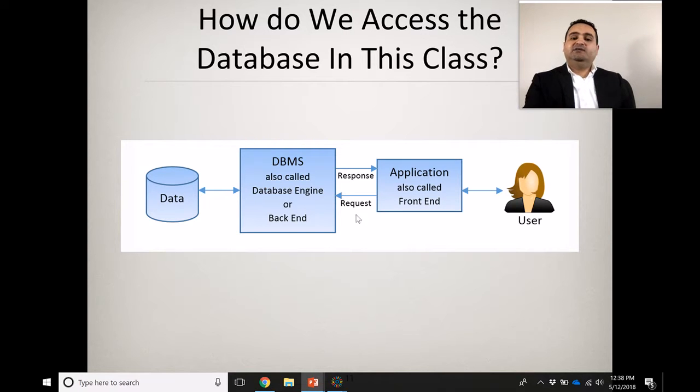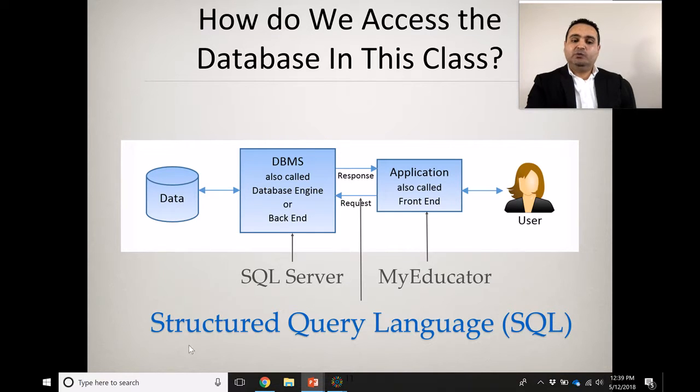Here is an illustration of how the end user interacts with the database. We as end users interact with the database through application software, which is a browser or a website through a browser, and that connects with the database through structured query language, or SQL, which we will be learning about today.